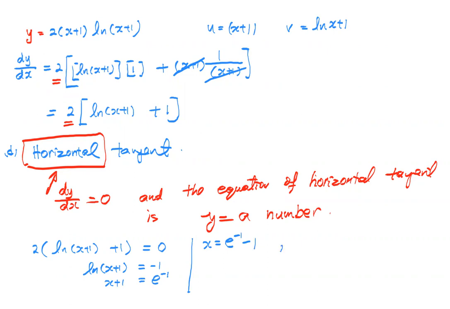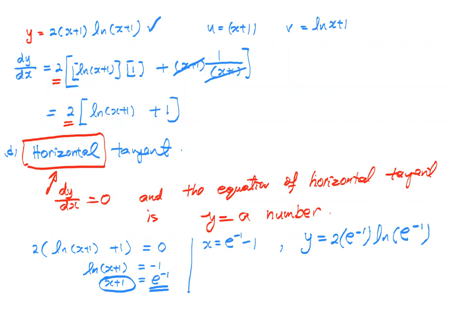Now I have to look for y. So my y will be equal to, put it back into here. Look at here, I don't have to substitute x, I can substitute x plus 1. So I will put 2 e to the power -1 times ln e to the power -1. When you do your substitution, it doesn't mean you always have to substitute x.